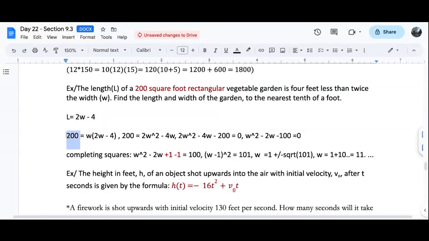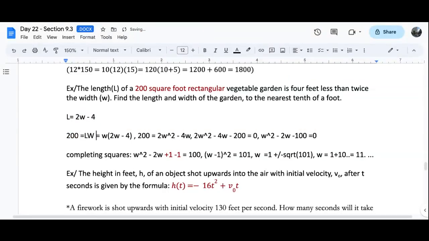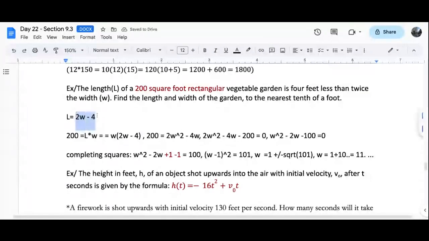Find the length and width of the garden to the nearest tenth of a foot. Okay, so 200 equals L times W, right? And L is 2W minus 4. So 2W minus 4 times W. Expand it a little bit, that means 200 equals 2W squared minus 4W.